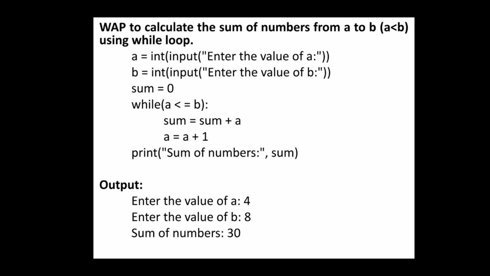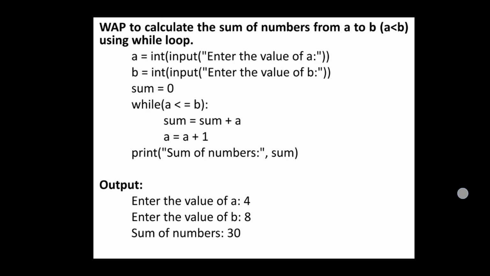Now A is incremented from 5 to 6. Now 6 less than or equal to 8, true. Sum equal to 9 plus 6 equal to 15, and A is incremented from 6 to 7. Now 7 less than or equal to 8, true. So sum equal to 7 plus 15 equal to 22, and A is incremented from 7 to 8.